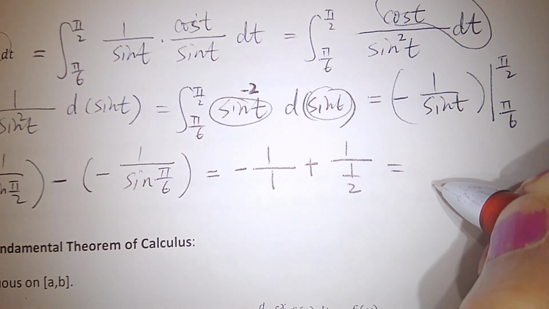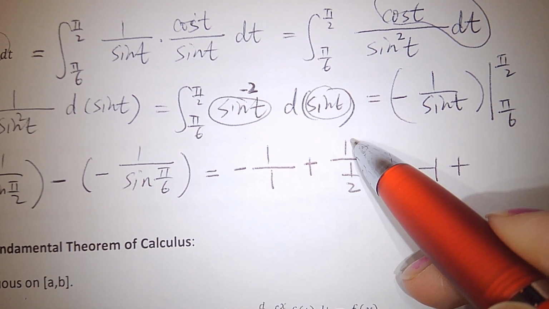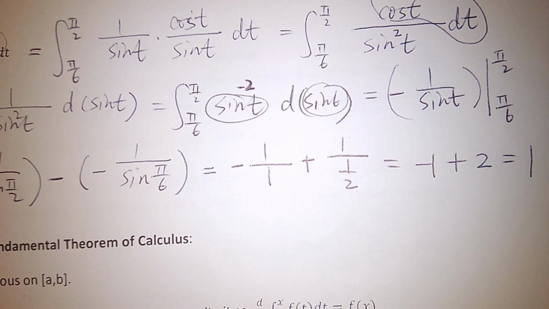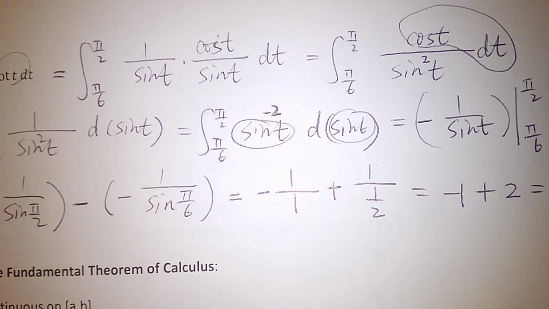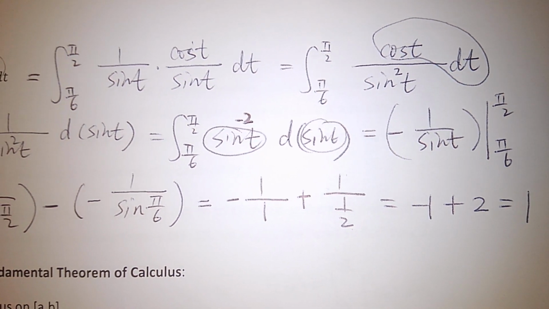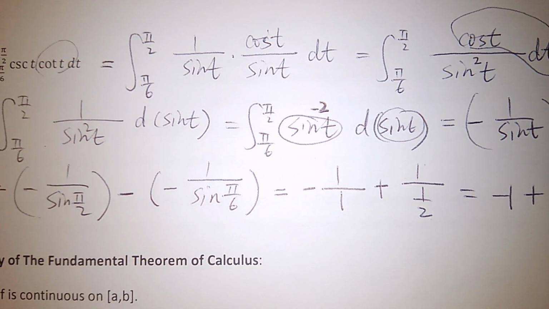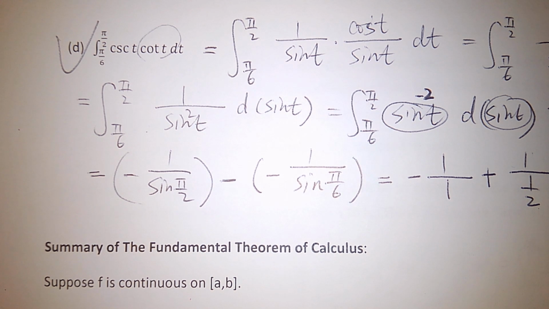So we're having negative 1 plus 1 over 1/2, which is what? 2. So eventually the answer is what? 1. This is hard, right? This is very hard, okay? However, the question I want you to practice is not as hard as this, okay? What's up? Does it ever annoy you when a big ugly function like that boils down to something really simple?